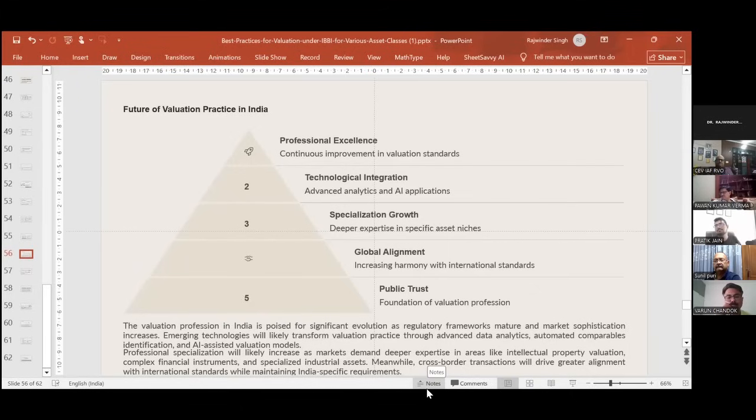Professional specialization will likely increase as market demand deepens, with expertise in areas like intellectual property valuation, complex valuation instruments, and specialized industrial assets. Meanwhile, cross-border transactions will drive greater alignment with international standards while maintaining India-specific requirements.